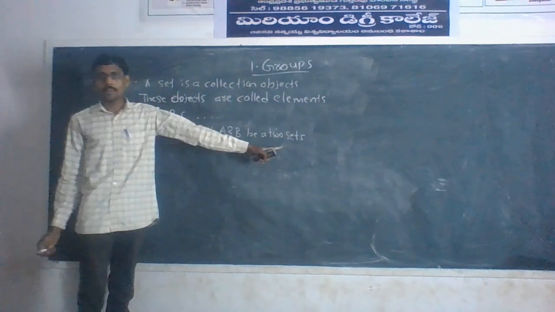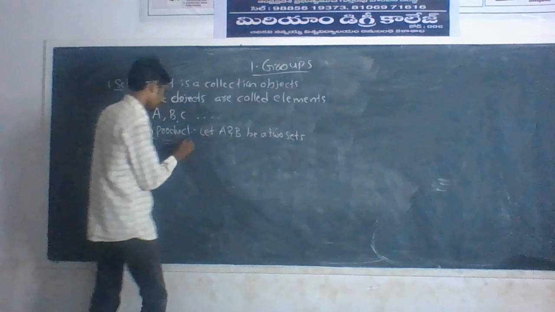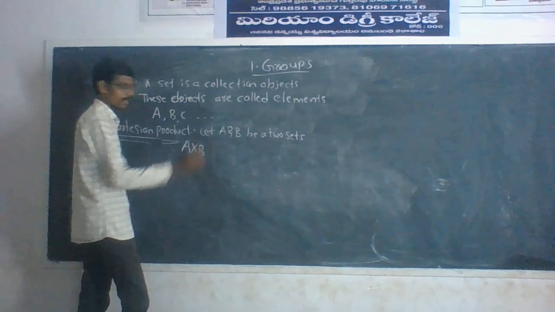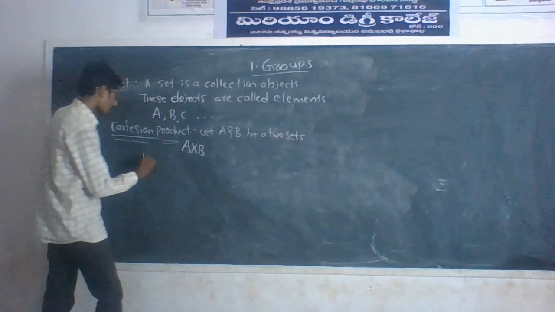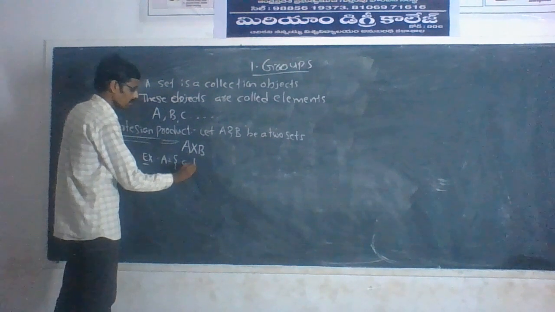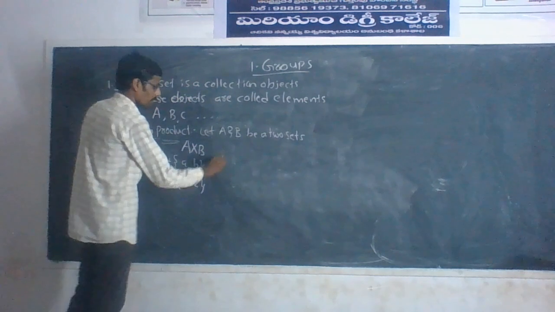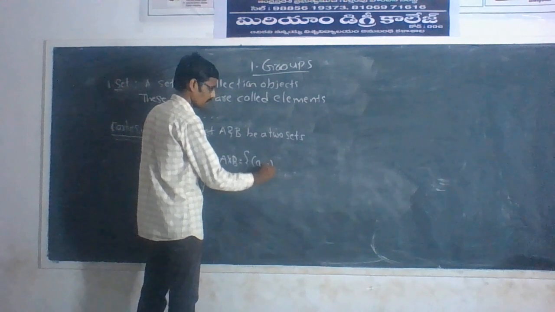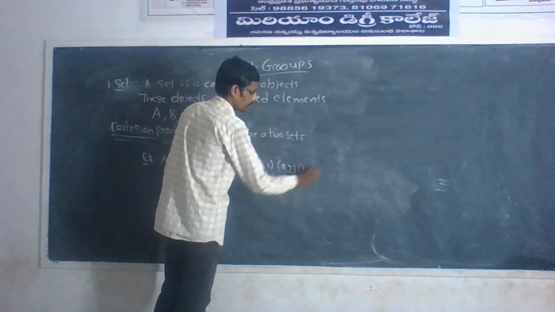The Cartesian product is denoted by A cross B. Example, A is equal to {a, b}, capital B is equal to {1, 2}. Then A cross B is equal to {(a,1), (a,2), (b,1), (b,2)}.